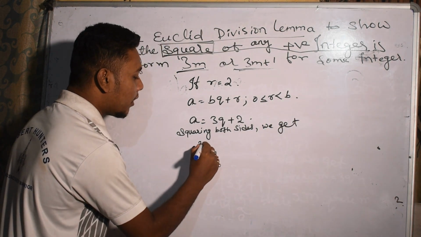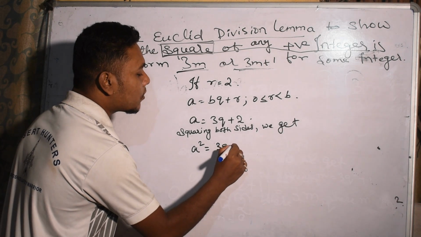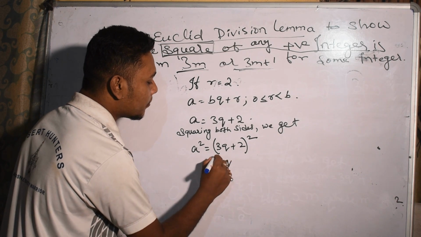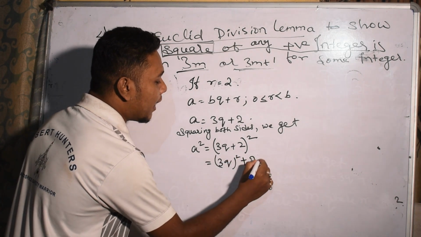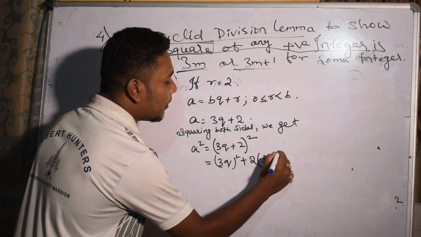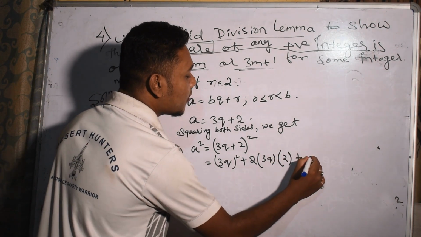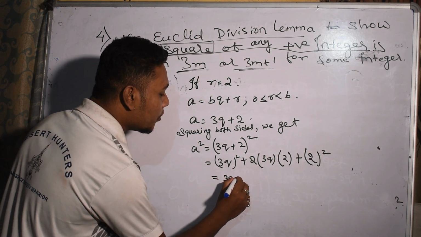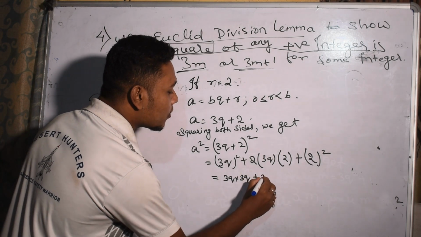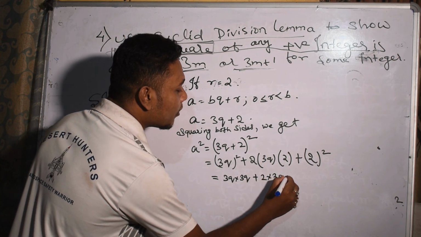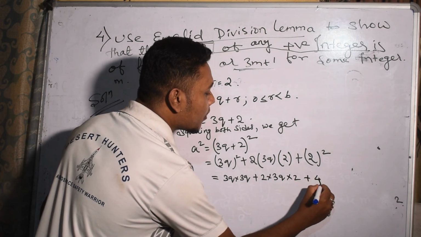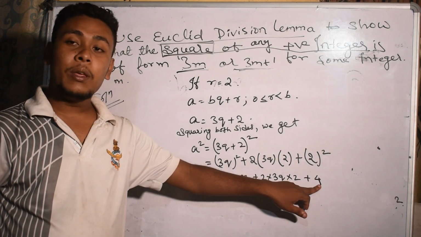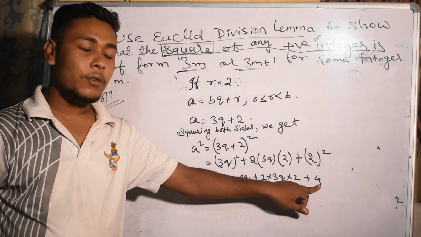A square equal to 3Q plus 2 whole square, which is A square plus twice AB plus B square. So here it becomes 3Q into 3Q plus 2 into 3Q into 2 plus 4. So this 4 again can be broken into 3 plus 1.